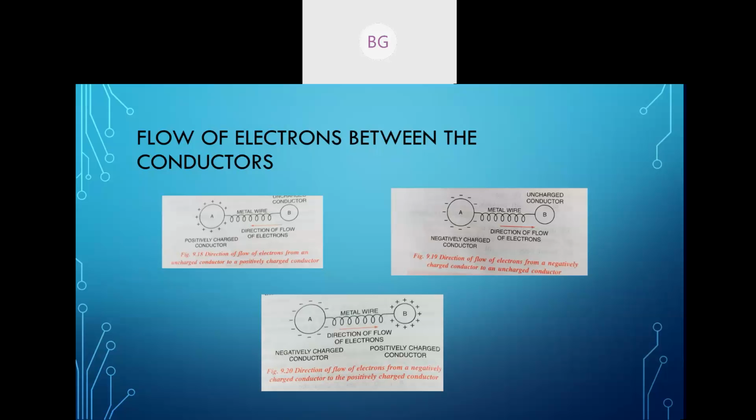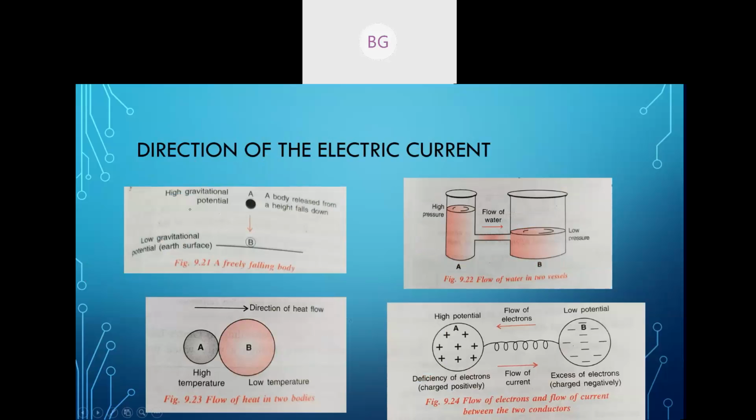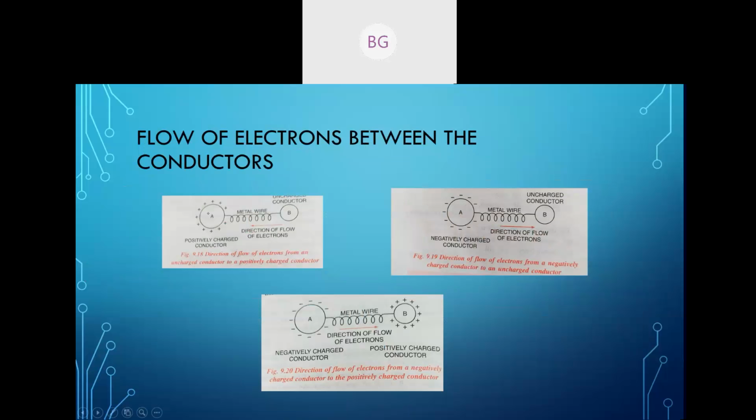Now, as you can see in figure 9.18, the first figure, we have a positively charged conductor A, and we have an uncharged conductor B. Positively charged conductor has protons more, and uncharged conductor has number of electrons and protons equal.